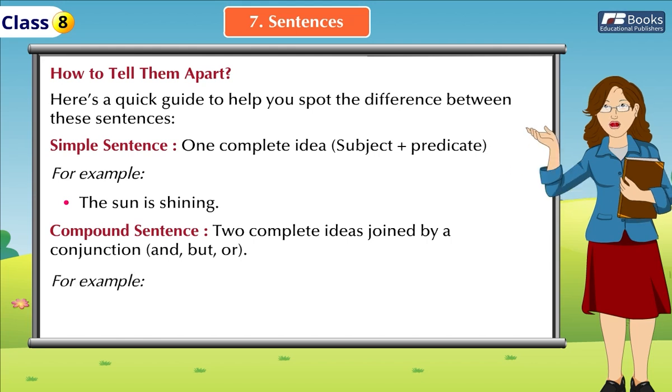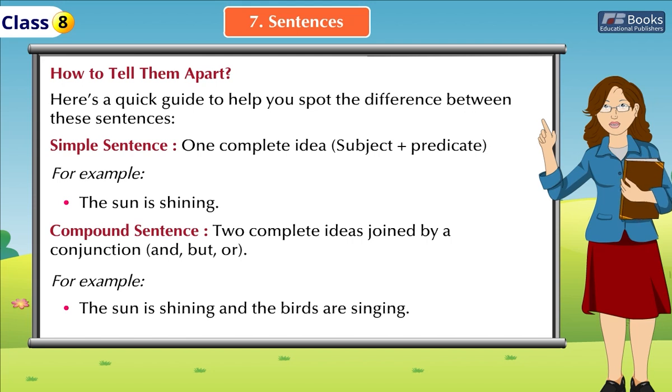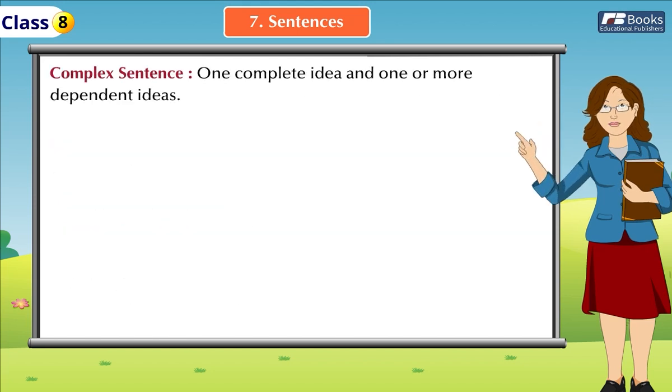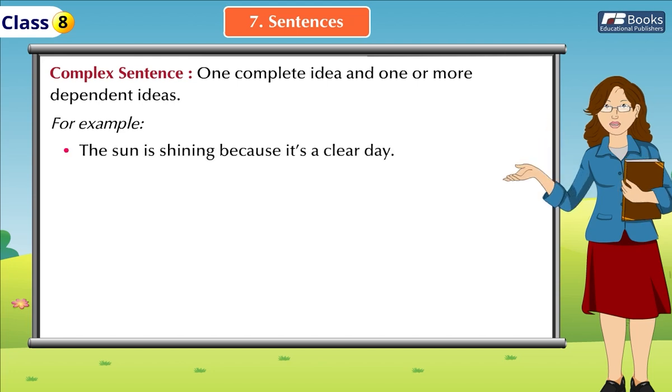For example, the sun is shining and the birds are singing. Complex sentence: one complete idea and one or more dependent ideas. For example, the sun is shining because it's a clear day.